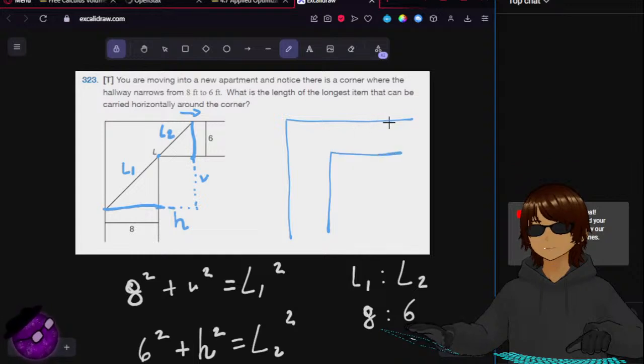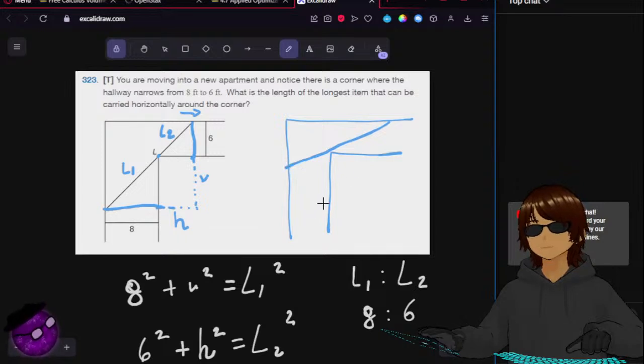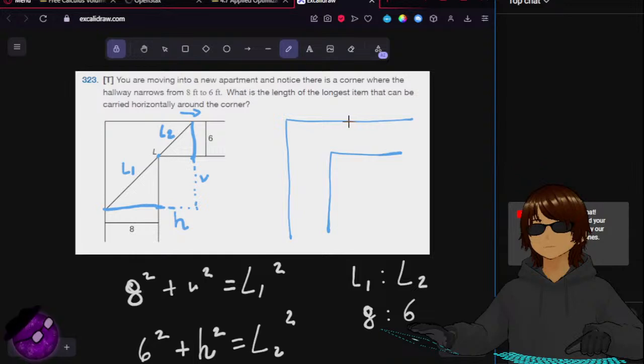If it's like this, see, L2 is really big and L1 is really small. This can pass through. This can pass through. This can't pass through.